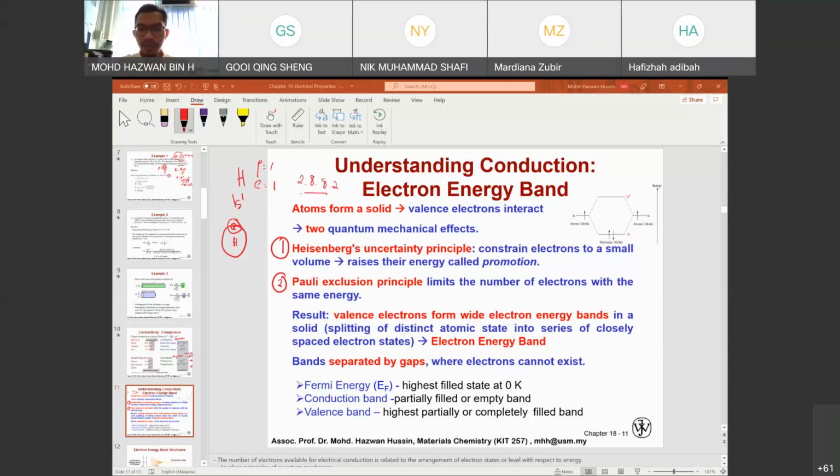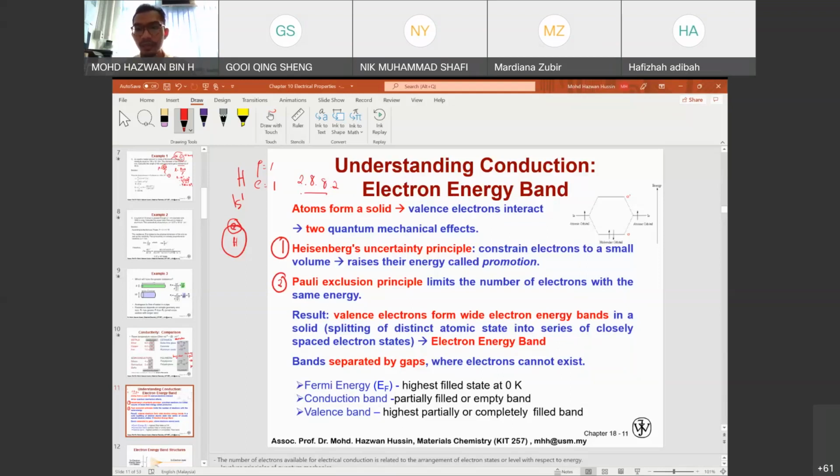Okay? All right. So, again, valence electrons form wide electron energy band in a solid by splitting a distinct atomic state into a series of closely spaced electron states, which we call electron energy band. Bands are separated by a gap where electron cannot exist.